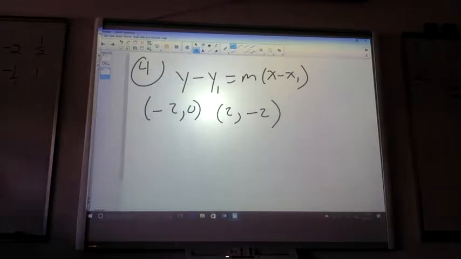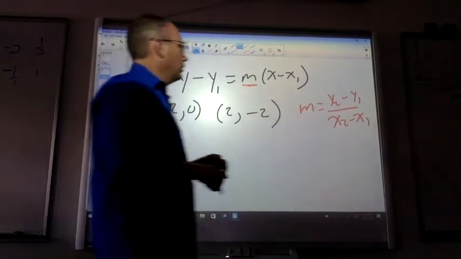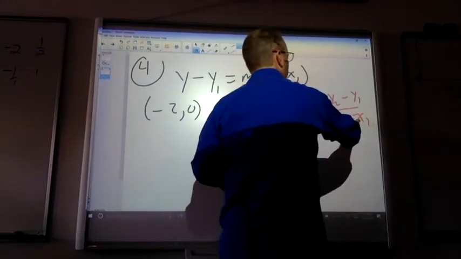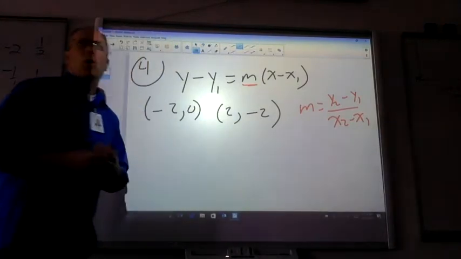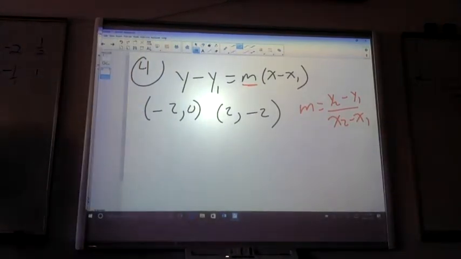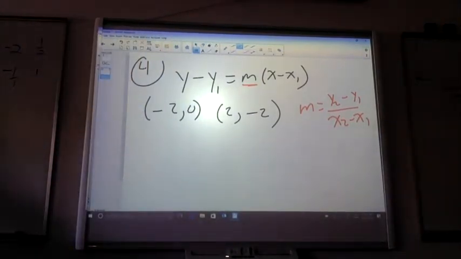Okay. So in order to find this, we need to figure out what the slope is first. So the slope equation is this. And does everyone kind of see that this slope equation, if I were to move this whole document over here, looks a lot like this equation, less the y2's and the x2's. Should look kind of similar.